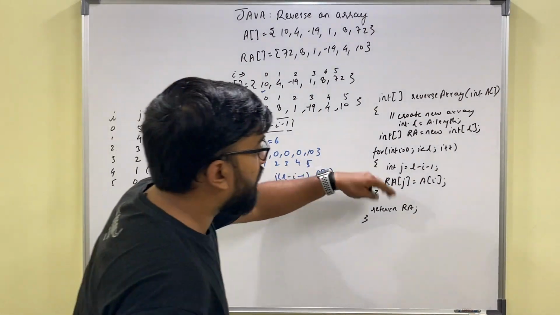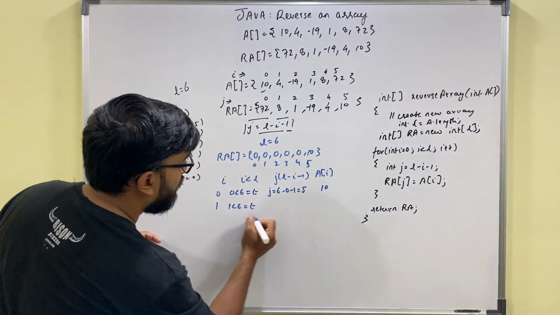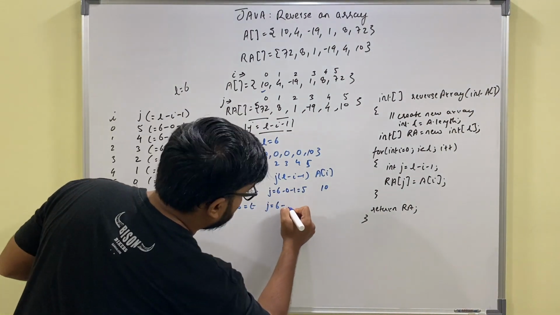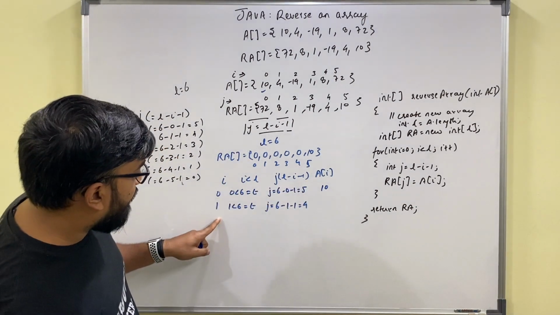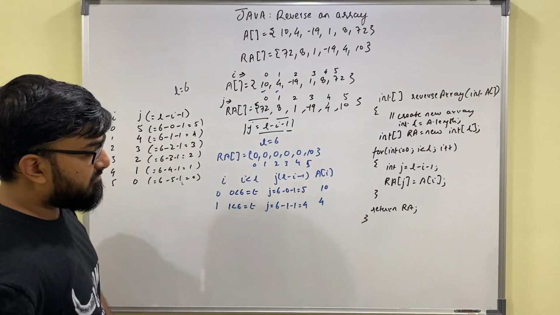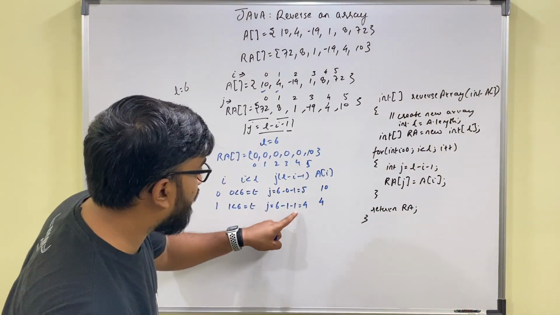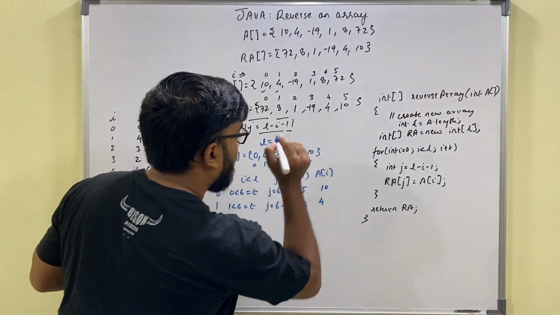You move on to the next value, i becomes 1; 1 is less than 6 is true, j is 6 - 1 - 1 equals 4. A of 1 is 4, so RA of 4 is 4.